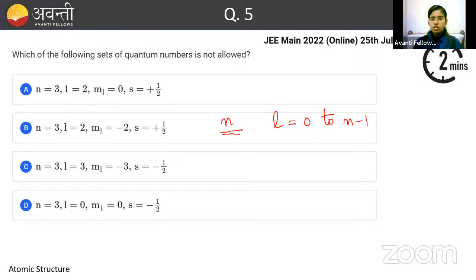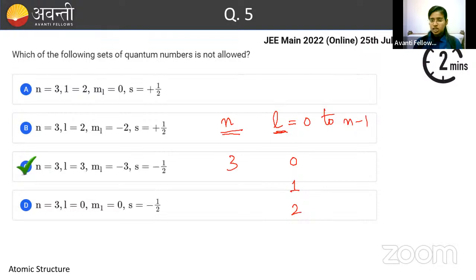Suppose, since all of you have given me option C as the correct answer, and in all the options we have N is equal to 3. So option C is the correct answer actually. So let me take that itself. If I have N is equal to 3, then the L values can be from 0 to N minus 1. 0 to 3 minus 1 means I can have L as 0, L as 1, and L as 2.